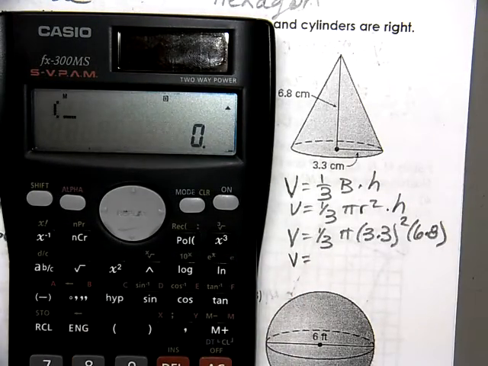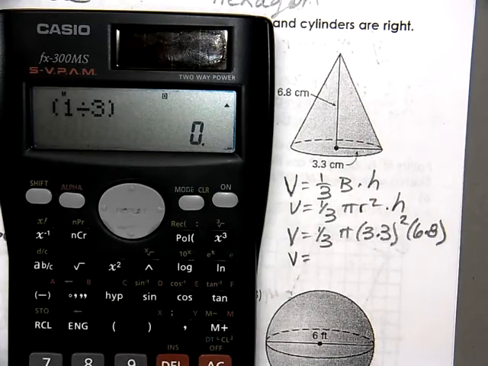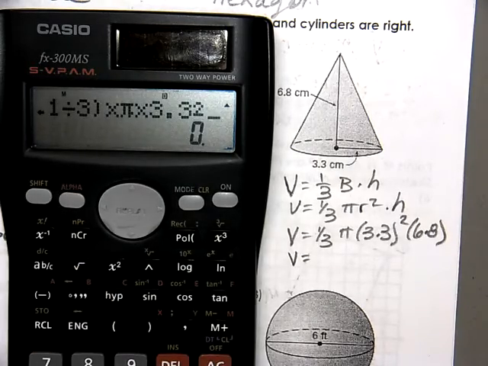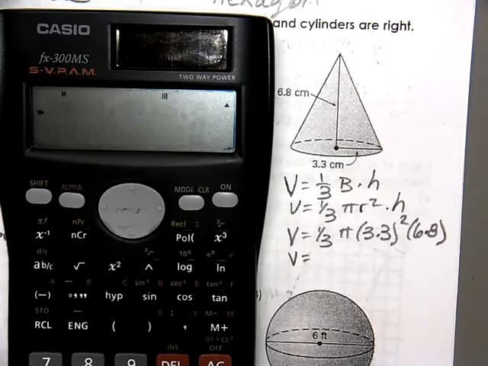So we could say 1 divided by 3 times pi times 3.3 squared times 6.8.